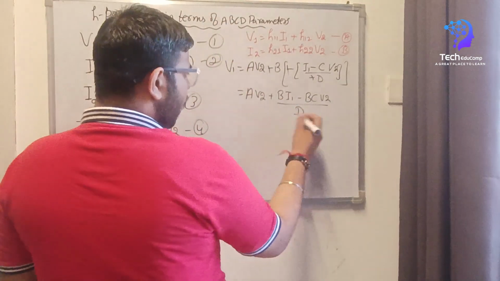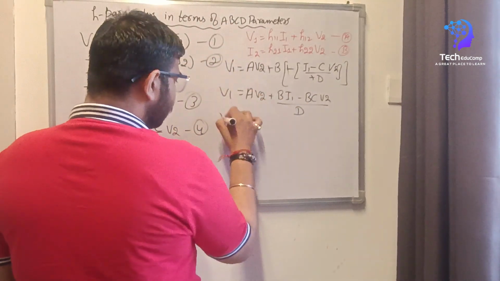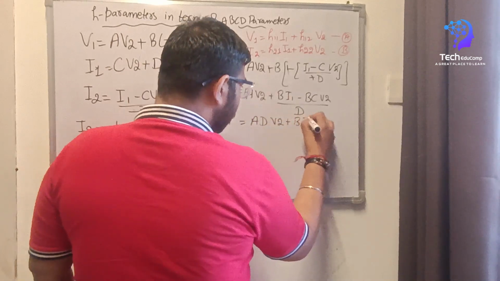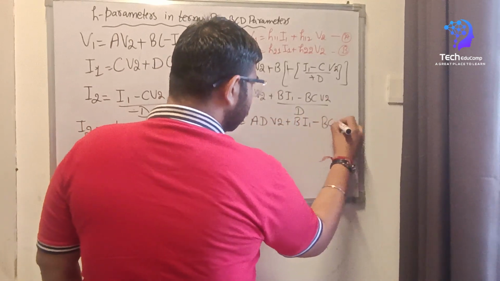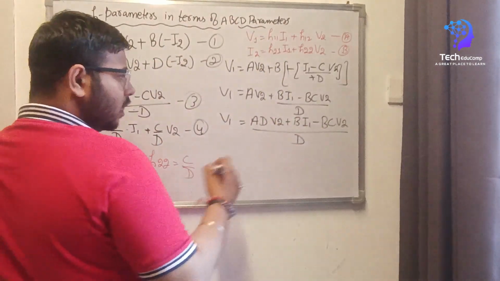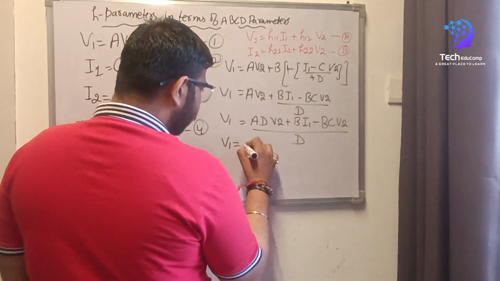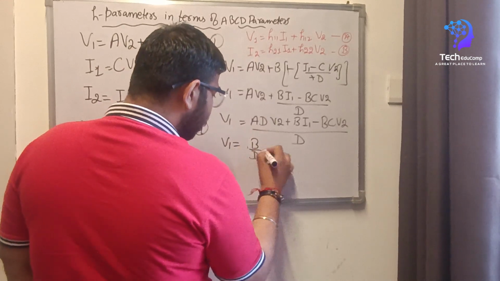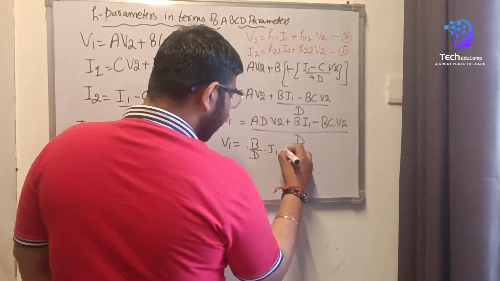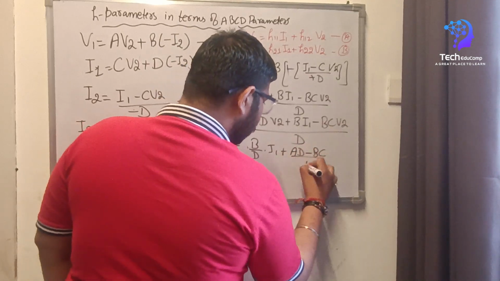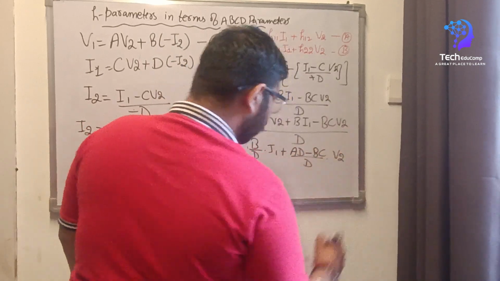Now I will take the LCM. It will be ADV2 plus BI1 minus BCV2 upon D. Just simplify it, I will get V1 equal to B upon D into I1 plus AD minus BC upon D into V2.